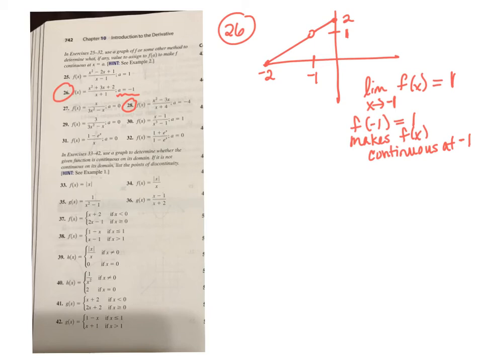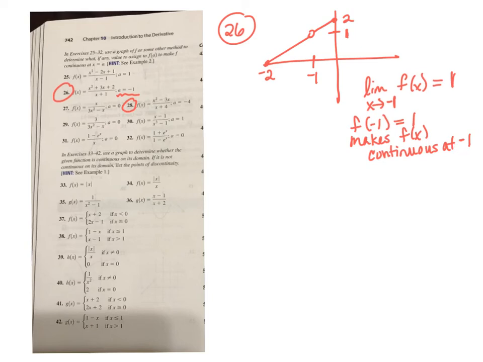So in order for this function to be continuous, the limit of f of x as x approaches -1 has to be equal to f of -1. We know this is 1, so f of -1 equals 1 would make our function continuous at -1.